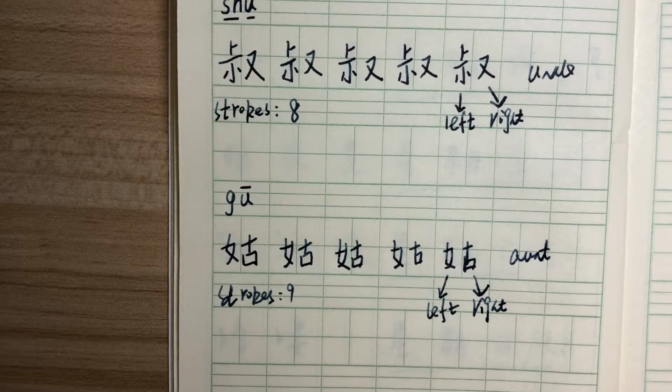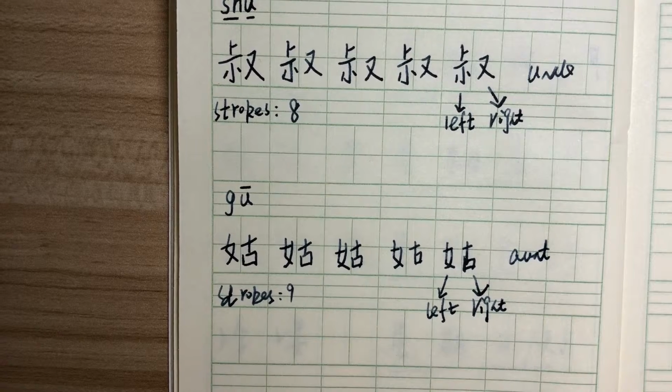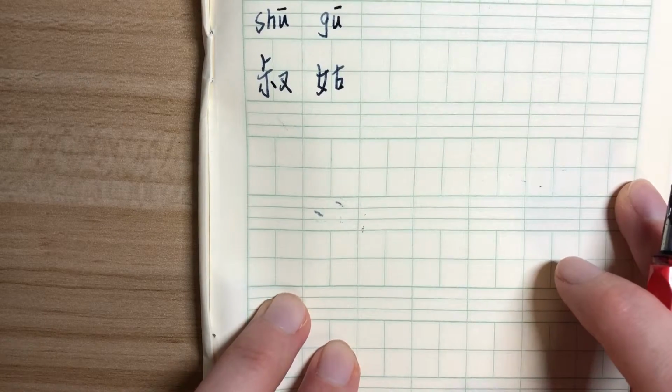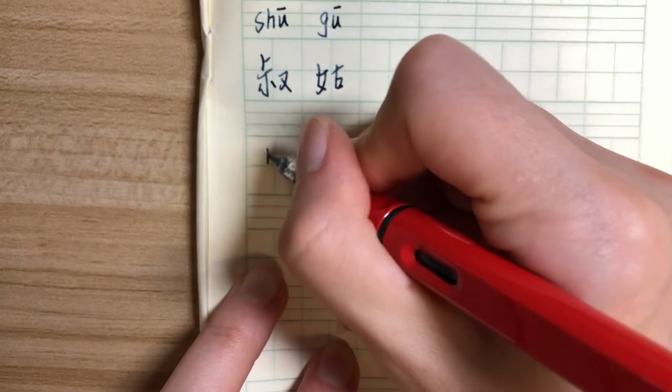Okay, next let's see some phrases formed by those two characters. Okay, the first phrase we are going to learn is 叔叔.